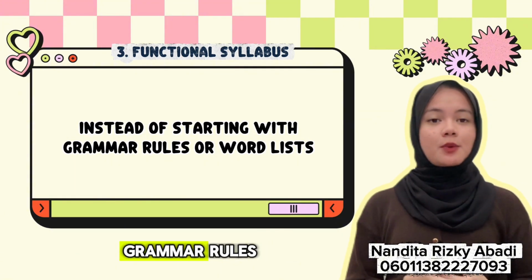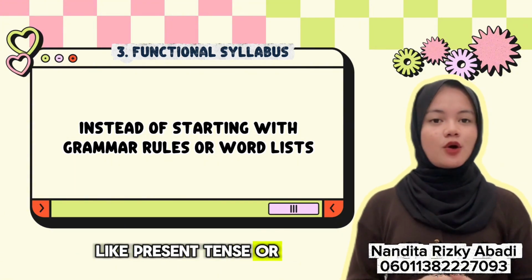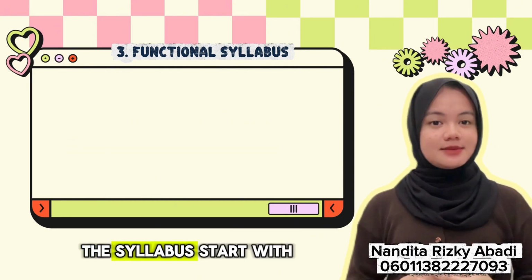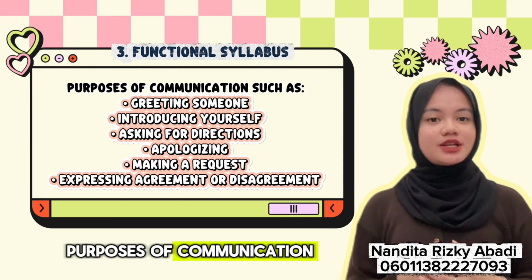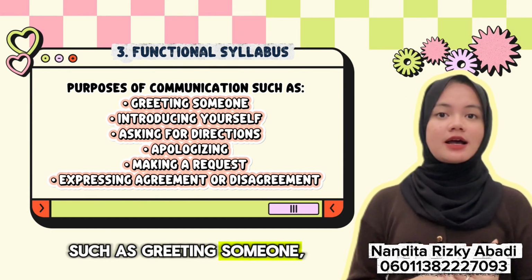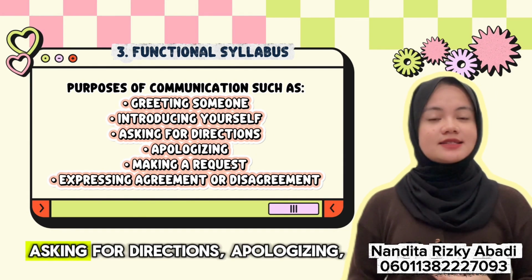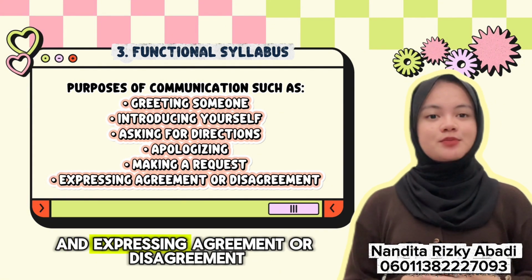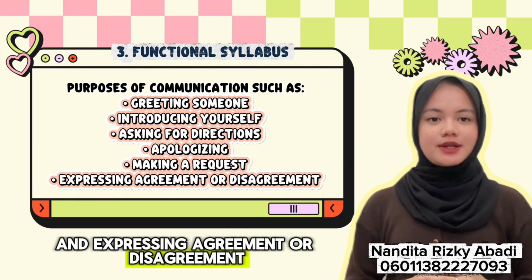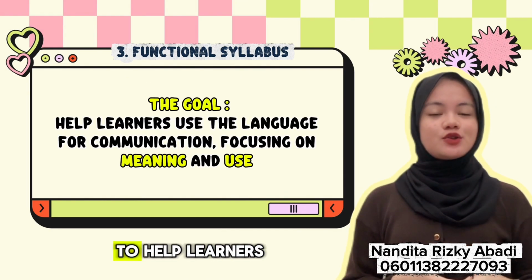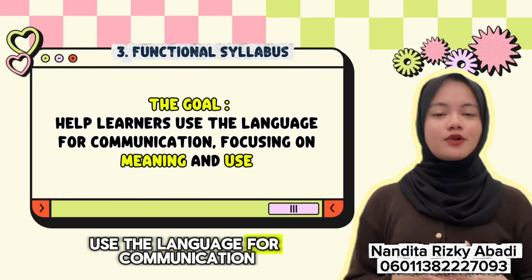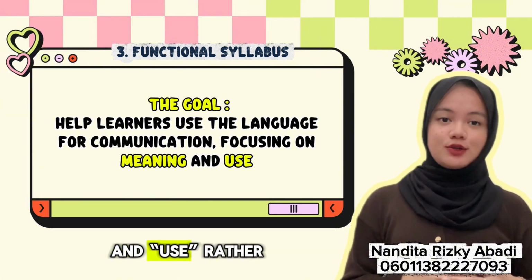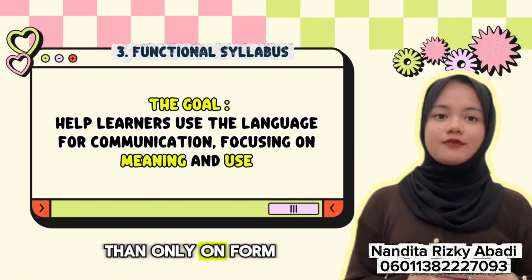Instead of starting with grammar rules like present tense or past tense, or word lists like food vocabulary, the syllabus starts with purposes of communication, such as greeting someone, introducing yourself, asking for directions, apologizing, making a request, and expressing agreement or disagreement. So the goal is to help learners use the language for communication right away, focusing on meaning and use rather than only on form.